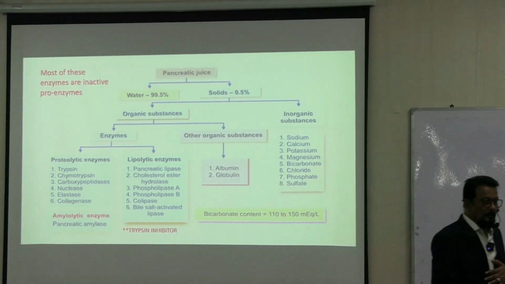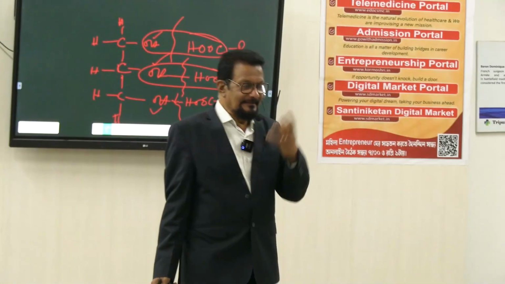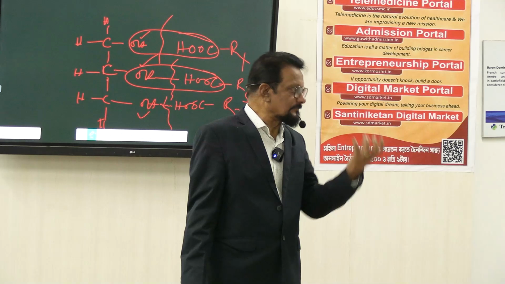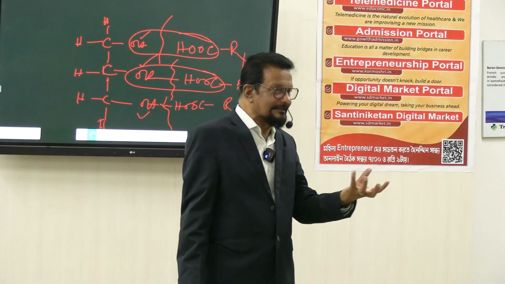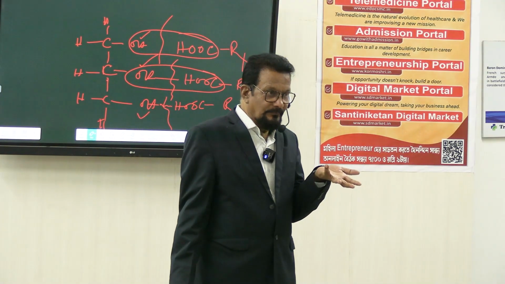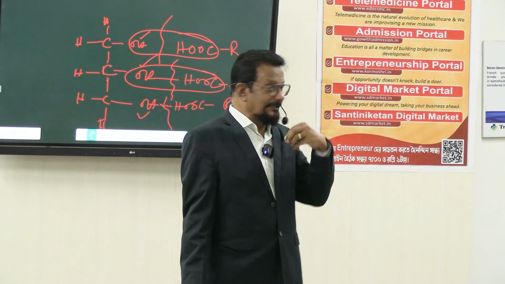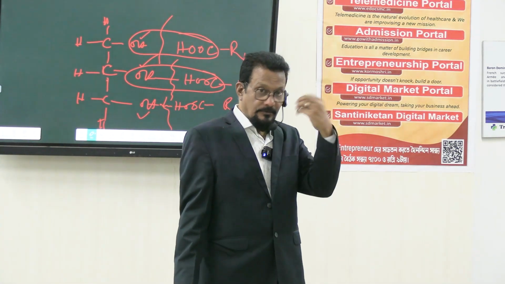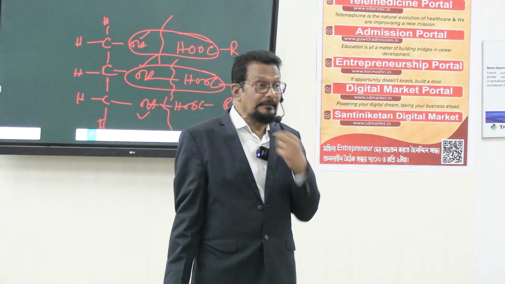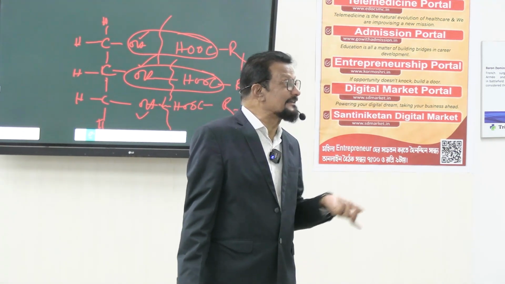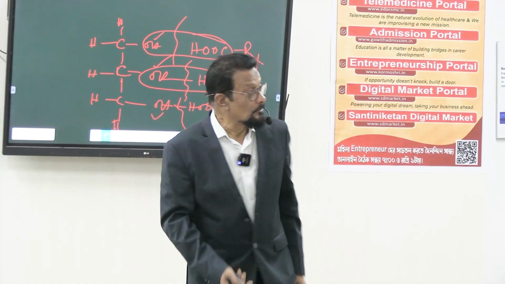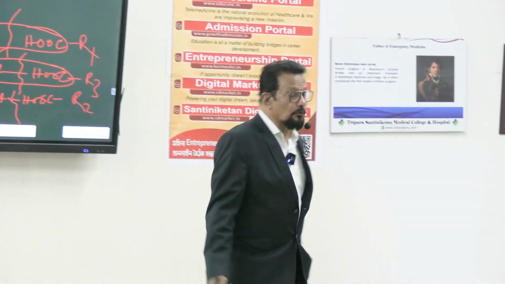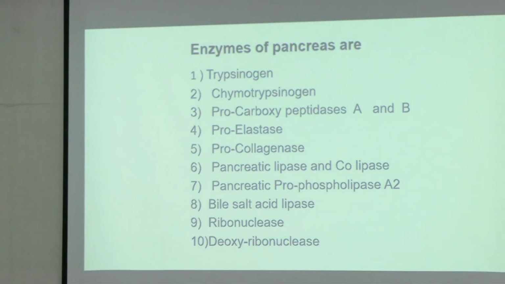Under resting conditions, when I am not eating anything, the bicarbonate content is lower, near about 110. When you are eating food, bicarbonate secretion increases and the level may rise to 150 milliequivalents per liter. So all the functions I have mentioned.